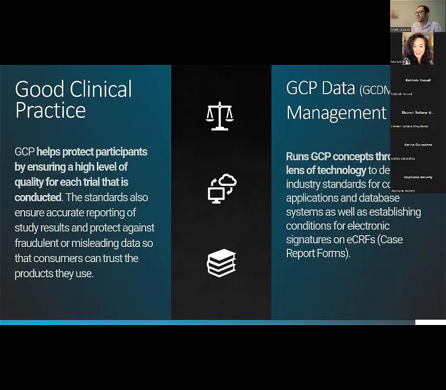And what GCDMP is, which is just data management kind of spiced in there, is it runs that same concept through this lens of technology. So we now have standards being created for electronic case report forms and databases, one of which, you might have heard of 21 CFR Part 11, which is a set of requirements, specifications needed for electronic signing of documents in lieu of paper signing.